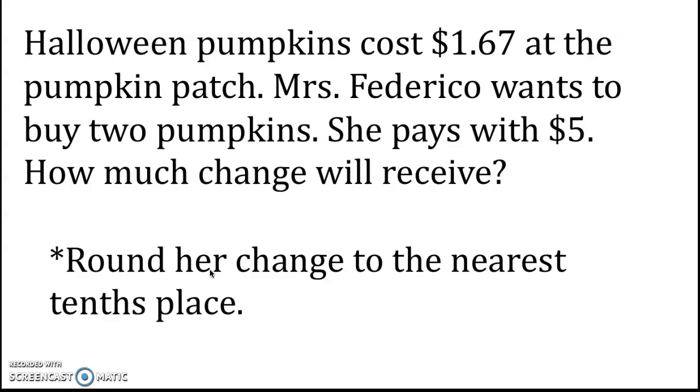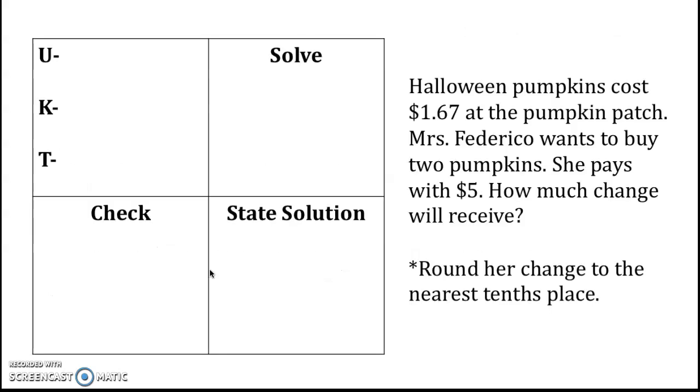So immediately in my fifth grade mind, I'm thinking, okay, I see a word problem. I'm not sure what operation I'm using next. I'm going to need to use UKT. In addition, I'm also thinking that I need to separate my work into a foursquare. So this is what I mean by foursquare.